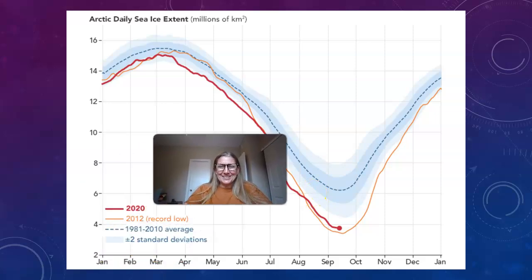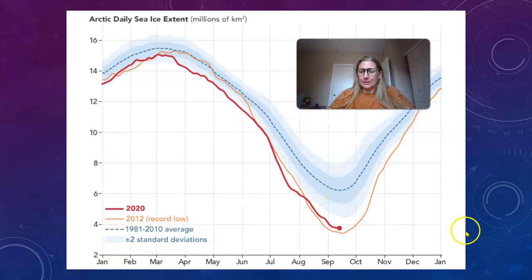This graph here shows months of the year on the x-axis. The y-axis is showing the sea ice extent measured in square kilometers. And you can see 2020, the red line, is one of the lowest sea ice extents that we've had in a very, very long time.